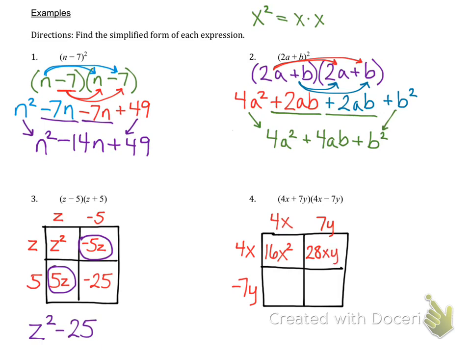And then 4x times a negative 7y is a negative 28xy. And then we have negative 7y times a positive 7y is a negative 49y squared. Now when I write this, I'm going to write 16x squared first. And then I'm going to combine like terms 28xy and a negative 28xy. Those equal 0, so those cancel, and I'm left with minus 49y squared.